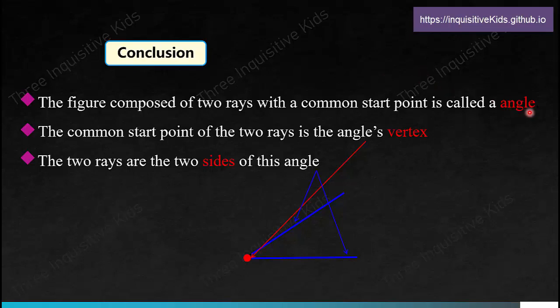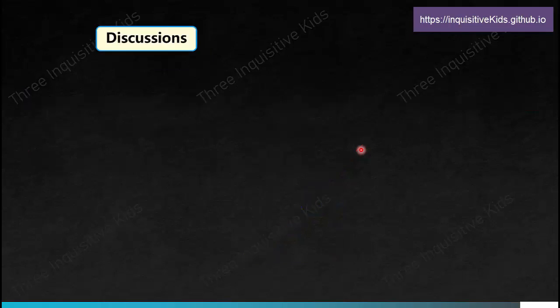And that's called an angle. The common start point of the 2 rays is the angle's vertex, and the 2 rays are called the 2 sides of the angle. Jot these all down in your notebook. If you haven't, pause the video or go back, and we'll move on to the next slide.